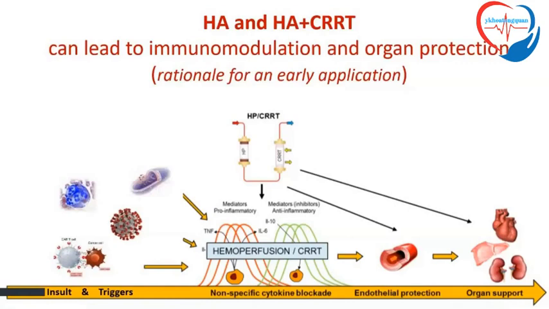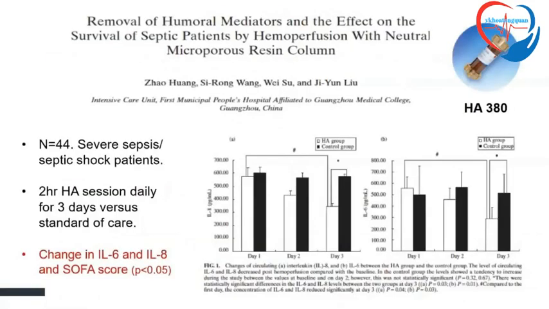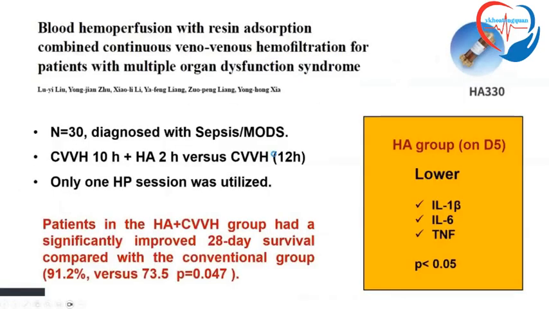And that's why I think this therapy should be indicated in patients where an impending cytokine release syndrome is present. In several studies, we have seen changes in interleukins, pro-inflammatory mediators, and SOFA score. We have seen a lowering of different pro-inflammatory mediators and also improved 28-day survival.